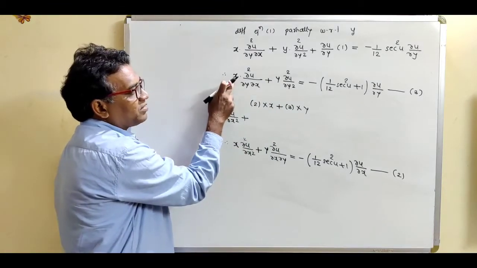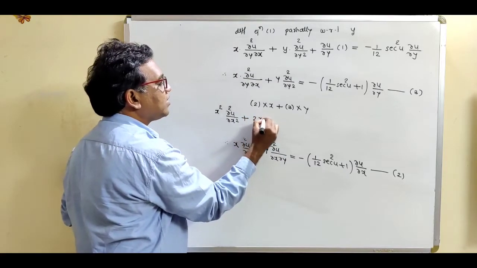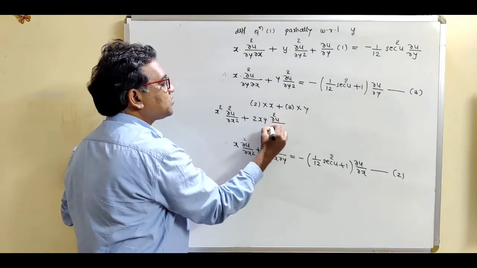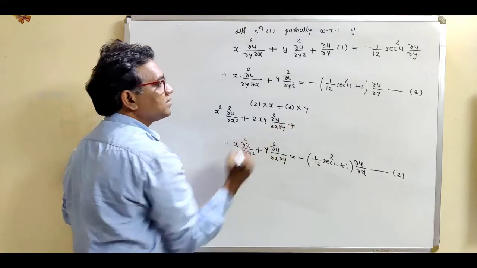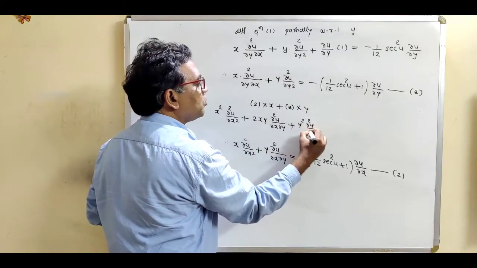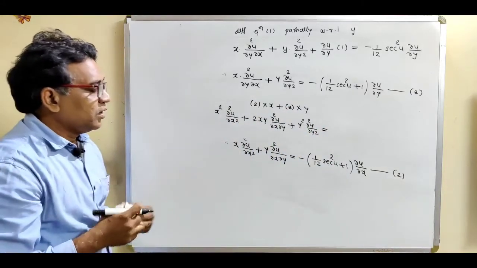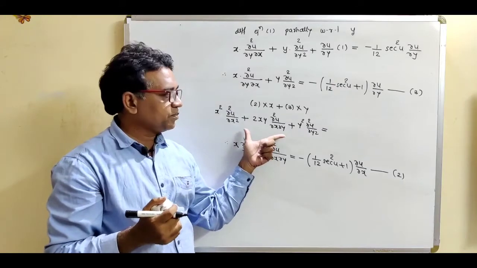Then xy and xy, so this is 2 times xy del square u by del x del y, plus, now if you multiply by y then we get y square del square u by del y square, which is the required consequent.